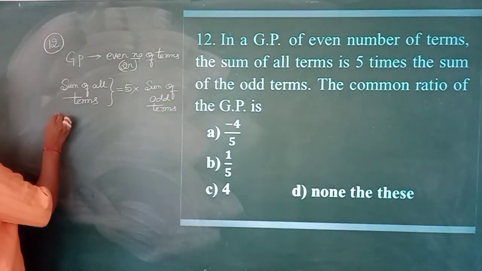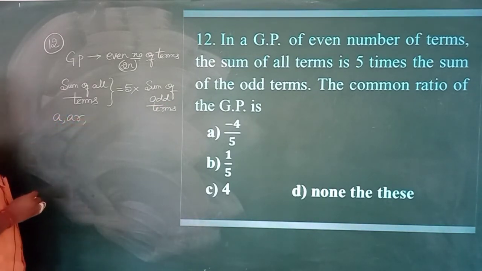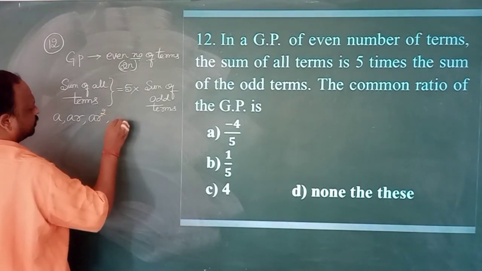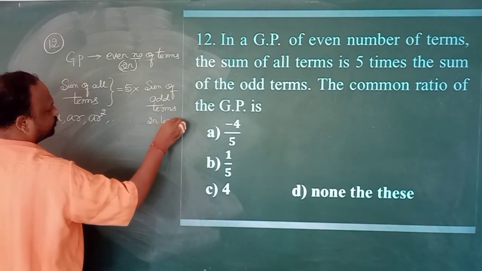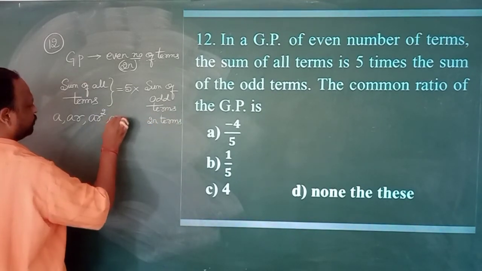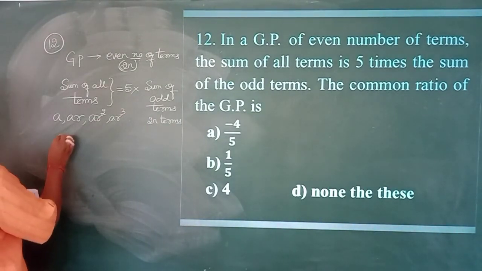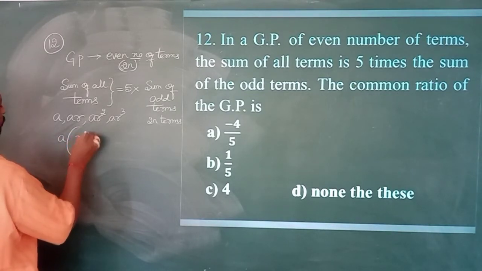So here, if I write the geometric progression: a, ar, ar square, ar cube, etc. up to 2n terms. Now, the sum of all the terms is a into r power n.